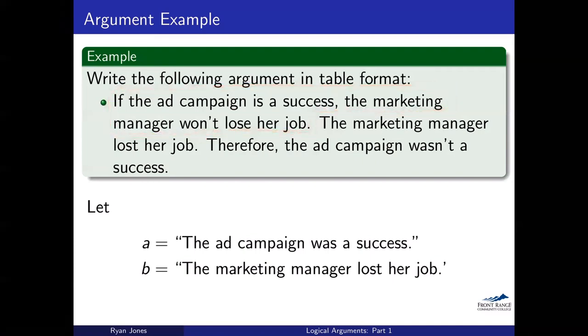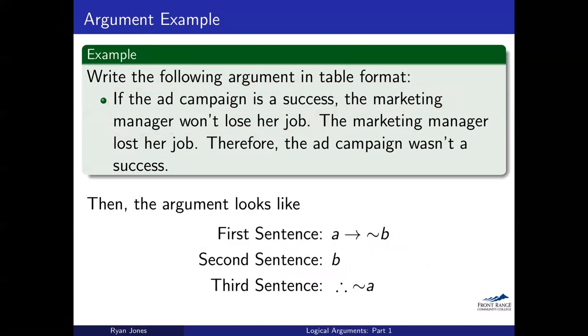So if the ad campaign is a success, well, there's an if, and so I definitely have my if-then. And then the ad campaign is a success, that's my A. And then the marketing manager won't lose her job, that's a not B, because B says that she did lose her job. But up here, I'm saying she won't lose her job. So the first sentence can be written like this: if A, then not B.